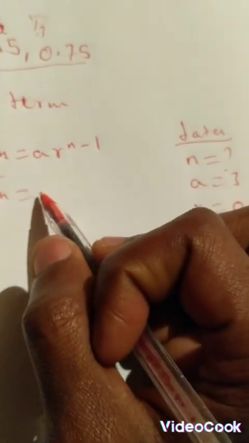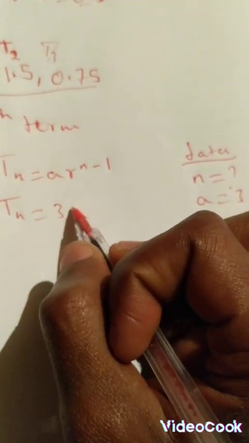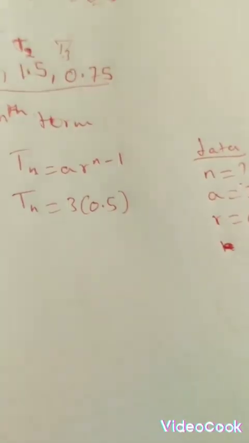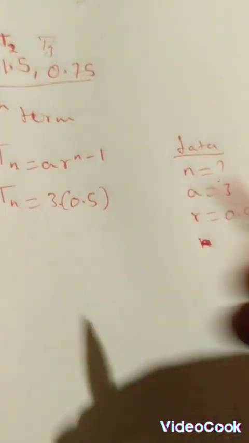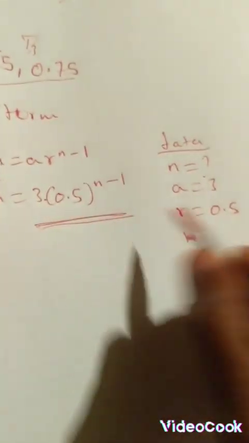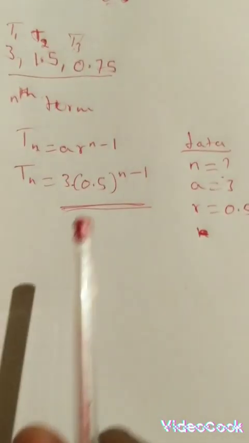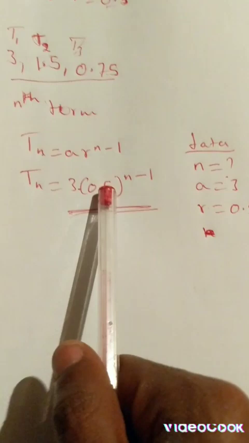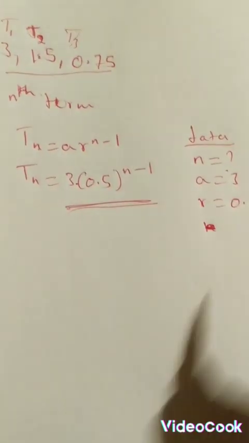Then you say our first term here is 3 according to the data, then our r is 0.5. You close the bracket because there's multiplication here. Then n, which you don't know, minus 1. From here your formula will end. Some people will just multiply 3 times this one, but the answer will still be one and the same.